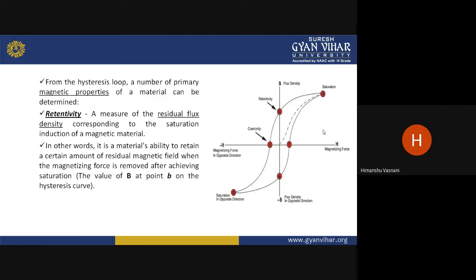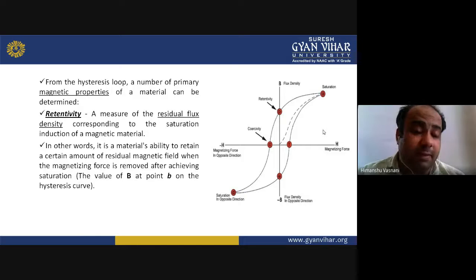From the hysteresis loop, a number of primary magnetic properties of the material can be determined, like retentivity. Retentivity is a measure of residual flux density corresponding to the saturation induction of a magnetic material.